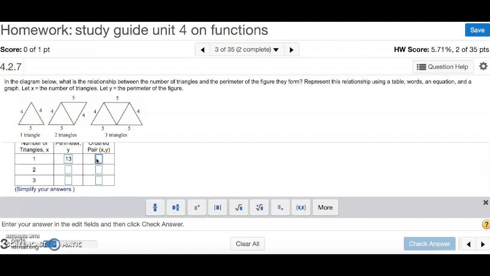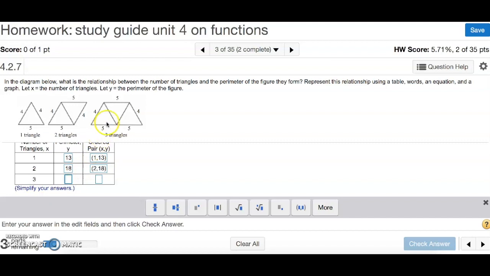Then for the ordered pair, put it in parentheses. You have the x value of 1, comma 13, parenthesis. Now we do it for the second triangle. Add up all the sides, we have 8 plus 10, which is 18. And then we type in 2, comma 18.